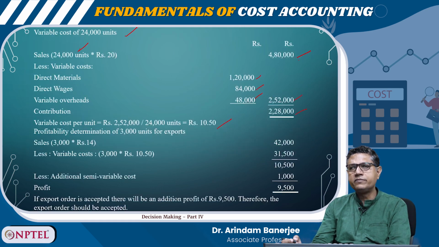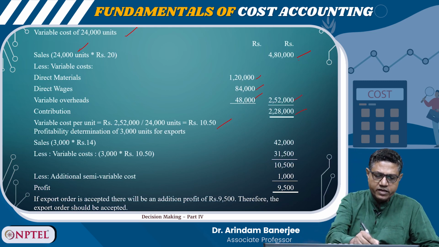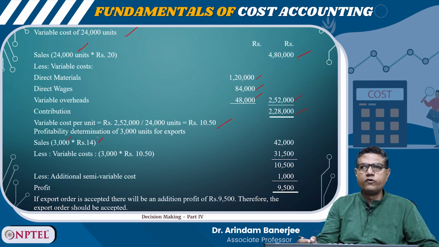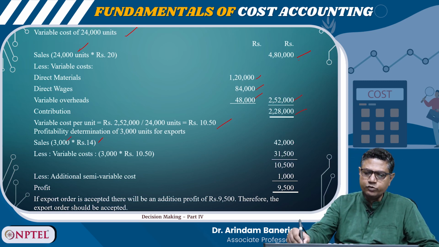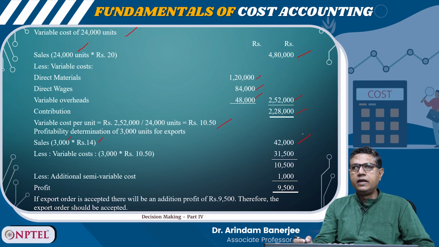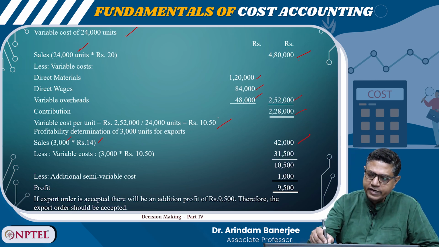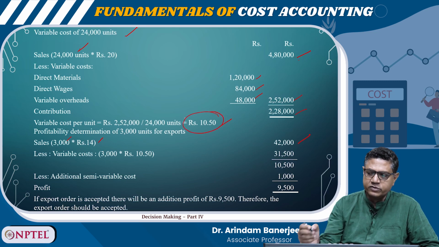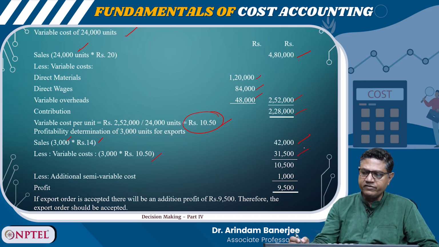So, now here you see it is profitability determination of 3,000 units for export. 3,000 into 14 rupees, which is the price for export, comes to 42,000. Less variable cost, which we already calculated, rupees 10.50, so 3,000 into 10.50 is 31,500.